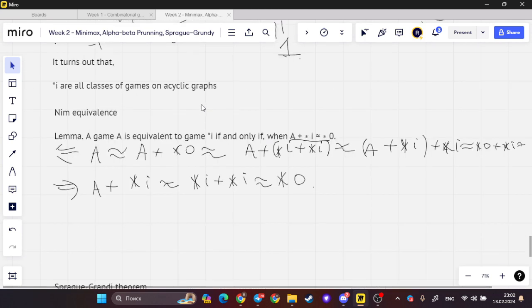I mean we can reduce any acyclic graph game to some nim game.